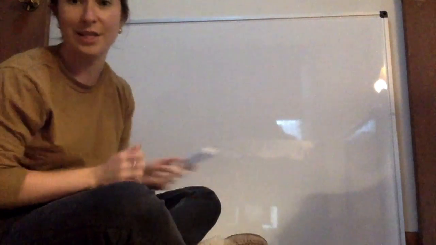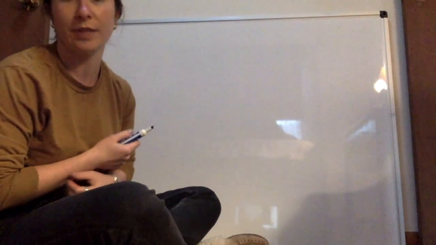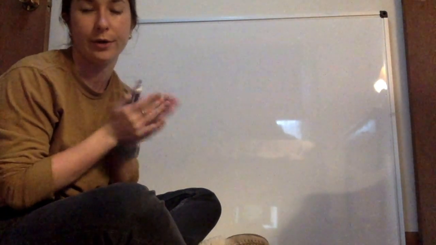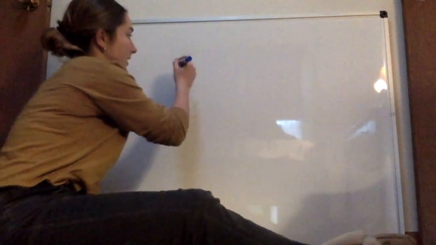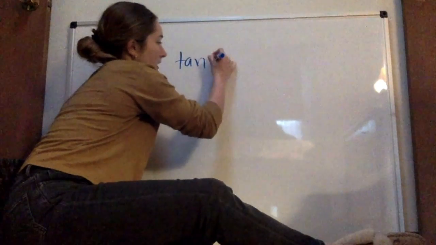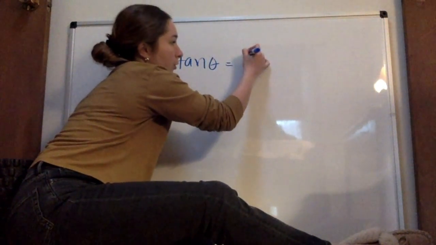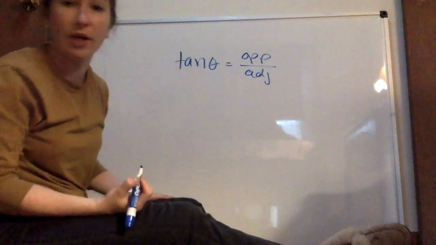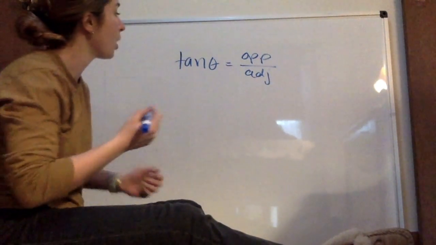Okay, the next one is tangent and relating tangent to sine and cosine. I showed this in a video a little bit earlier that was just on a blackboard, but we can see that tangent of theta is equal to opposite over adjacent. We know that from SOHCAHTOA, right?